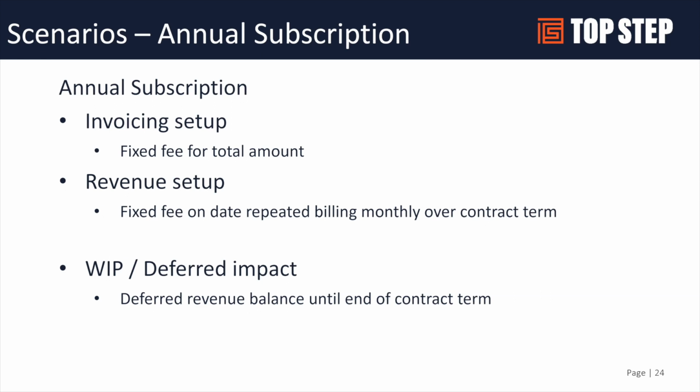So in that scenario, you would have under revenue set up your fixed fee on date repeating monthly revenue rule that would generate the revenue per month. And then in that scenario, again, you would be in a deferred revenue balance until the end of the contract term. So pretty straightforward for software subscriptions or annual subscriptions.